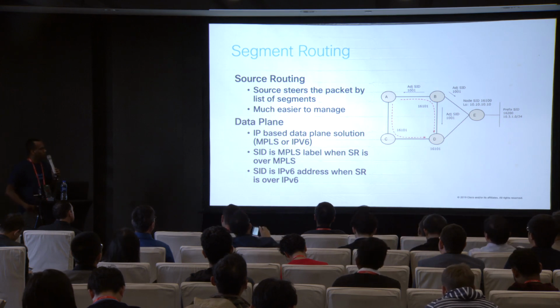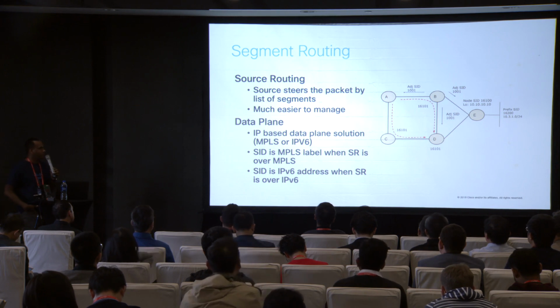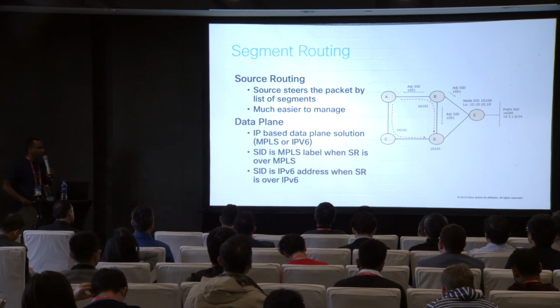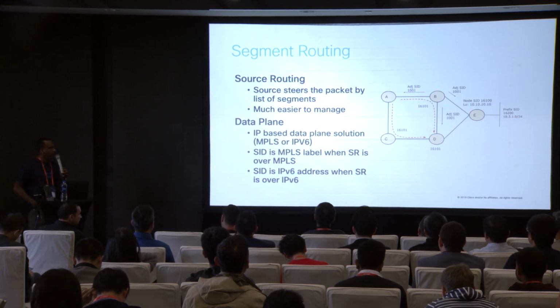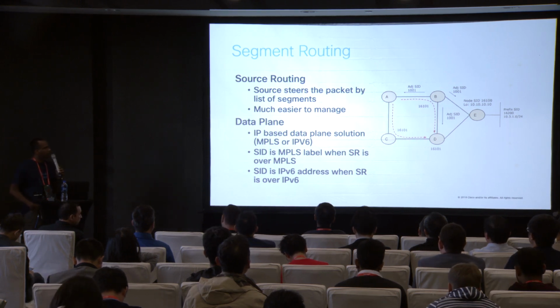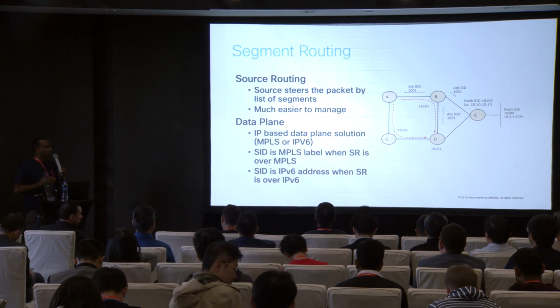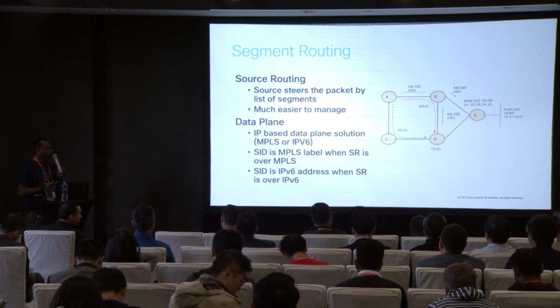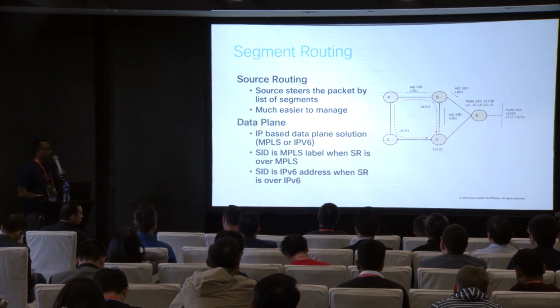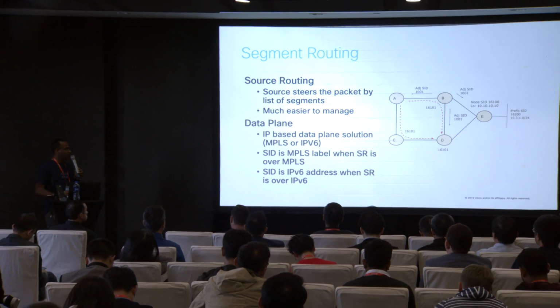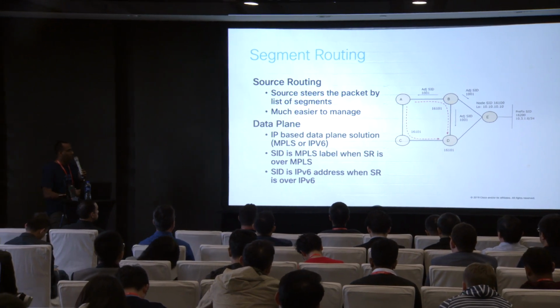One is the MPLS data plane, and one is the IPv6 data plane. For MPLS, as long as your network supports MPLS, it just requires a software upgrade for segment routing to be deployed.